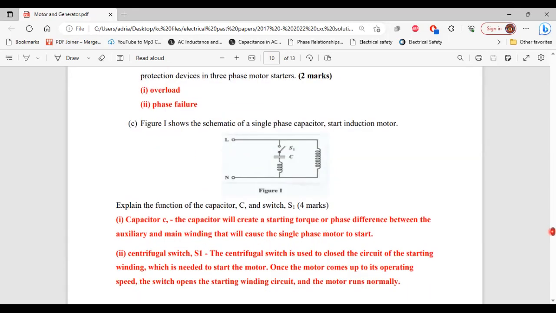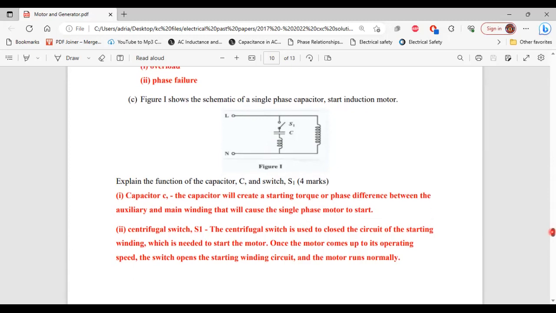Part C, it says figure 1 shows the schematic of a single-phase capacitor start induction motor. It says explain the function of the capacitor C and the switch S1. So the capacitor will create a starting torque or phase difference between the auxiliary and the main winding that will cause the single-phase motor to start.